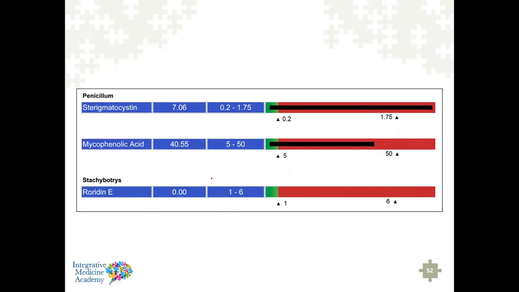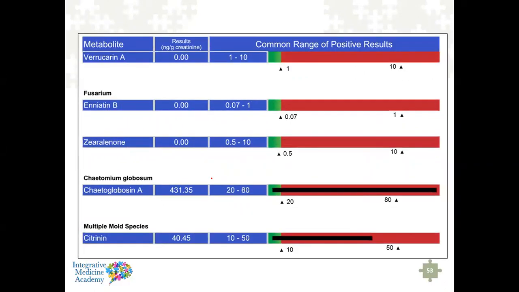Okay, so this is representative of penicillium. Penicillium is often found along with aspergillus environmentally. These last two, and I even have a hard time pronouncing this one, this chaetoglobosin A, that's a tongue twister. Citrinin, interestingly enough, can occur because of aspergillus and penicillium exposure.